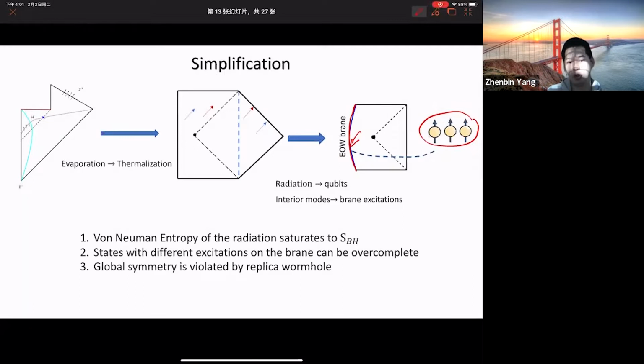Then, we will see that those states form an overcomplete basis, so the Hilbert space dimension is reduced. And the third is that in this model, we can see how global symmetry is explicitly violated by the replica wormhole.